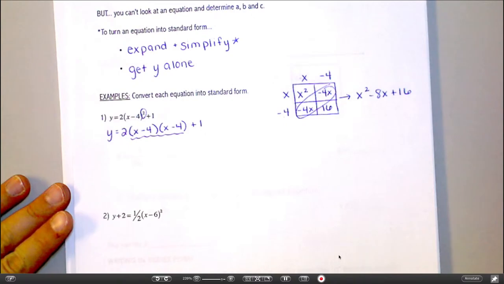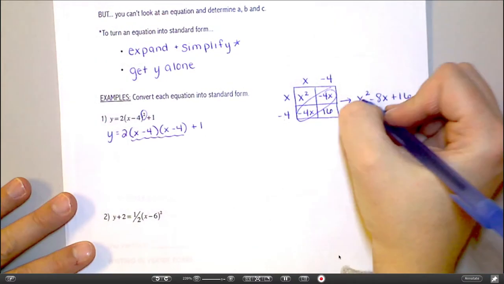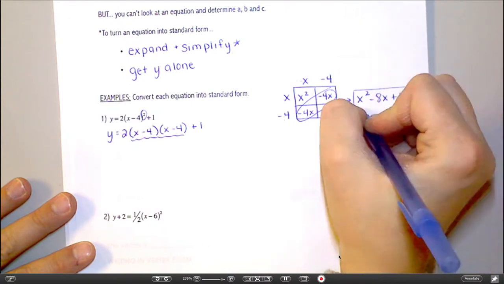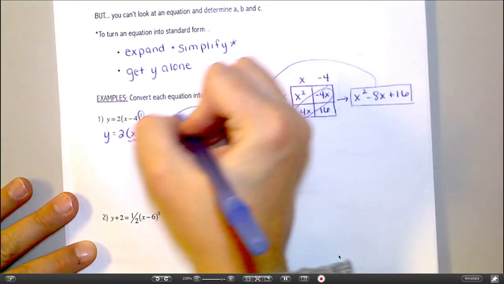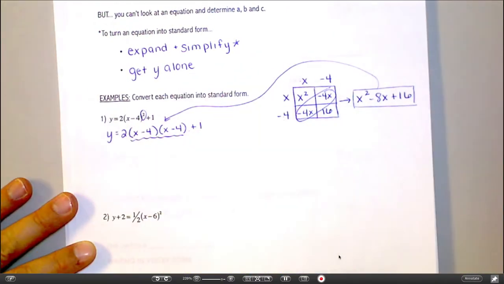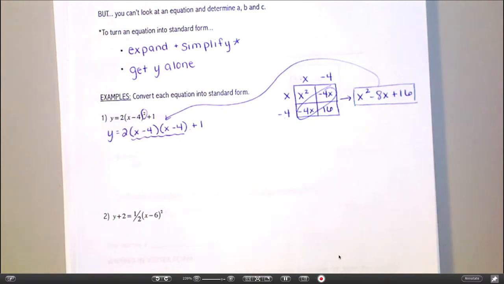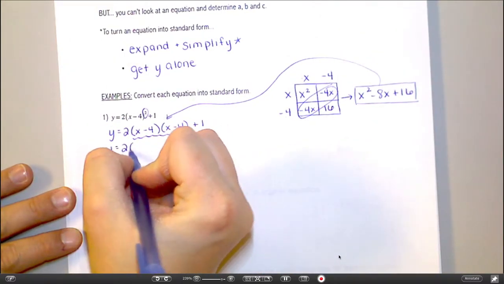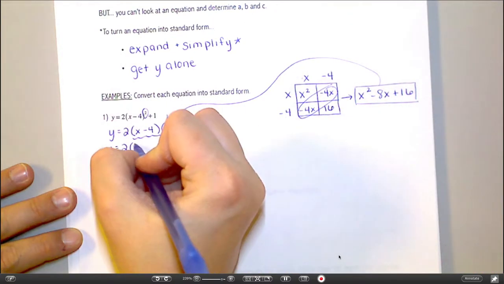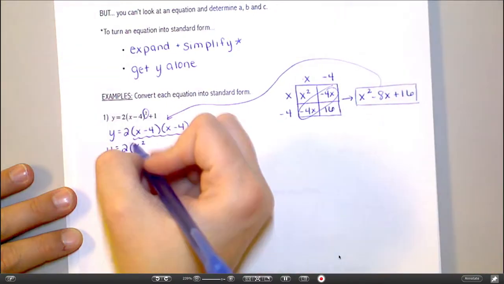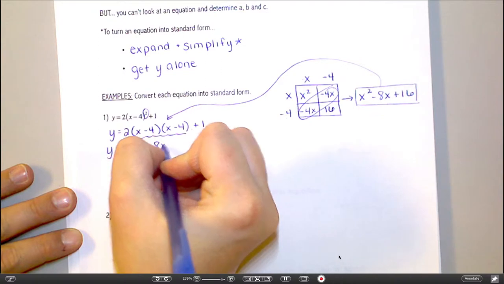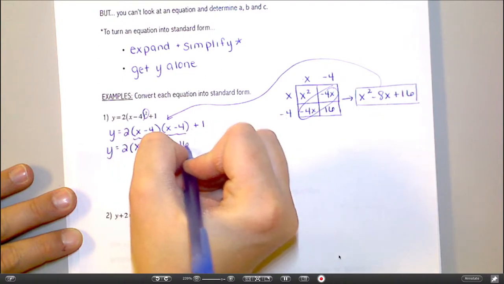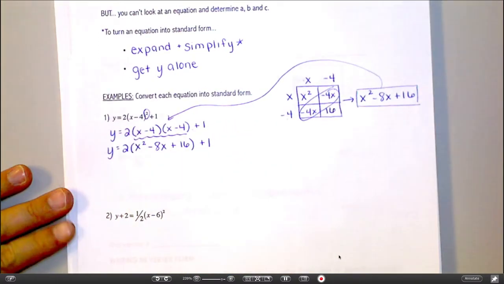Any questions on what I just did? Okay, so now I'm going to take this and put it back here in place of those 2 parentheses. But everything else is still there. So I still have the 2, and then I have x squared minus 8x plus 16, and then I have plus 1 out here on the outside.